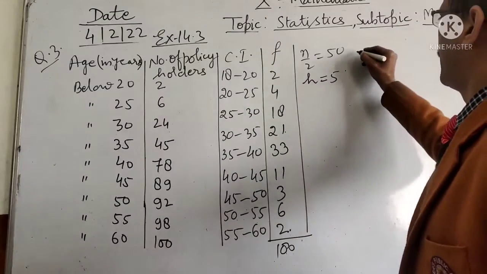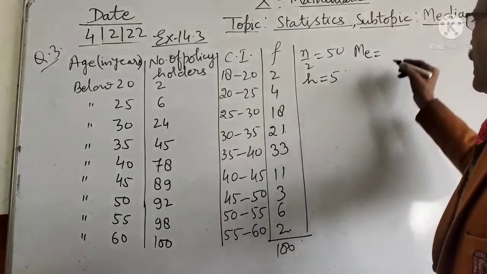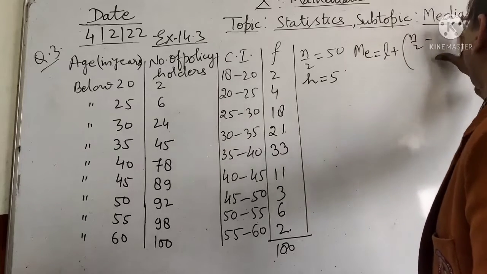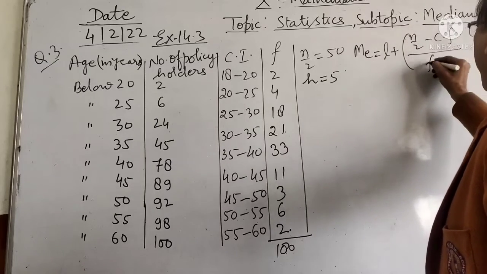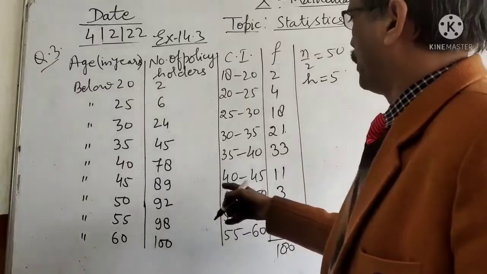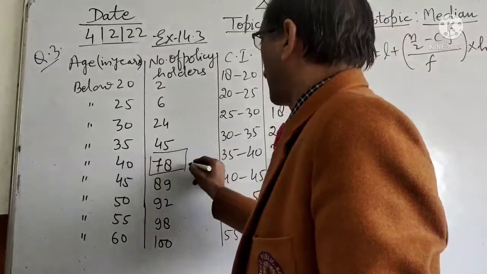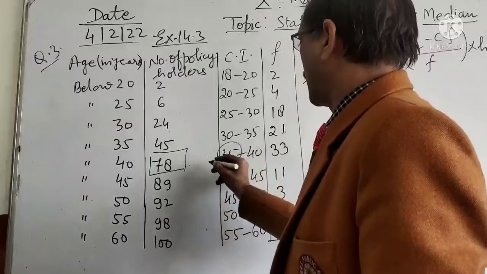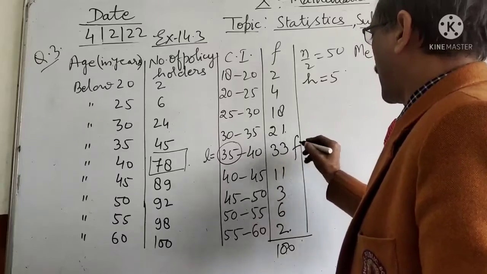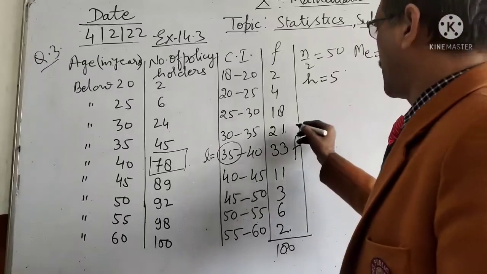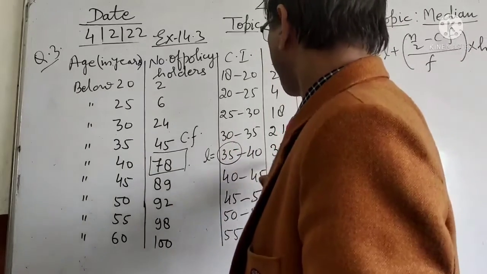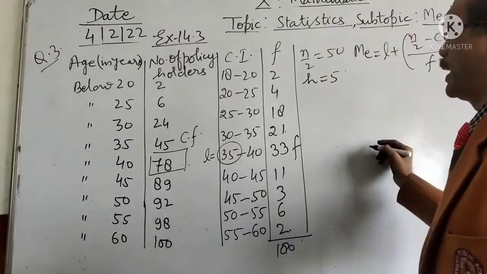Now, the formula of the median: M equals L plus (N by 2 minus CF) upon F, into H. Here, 50 belongs to the class 35 to 40, so L is 35, frequency F is 33, CF is 45 and H is 5.